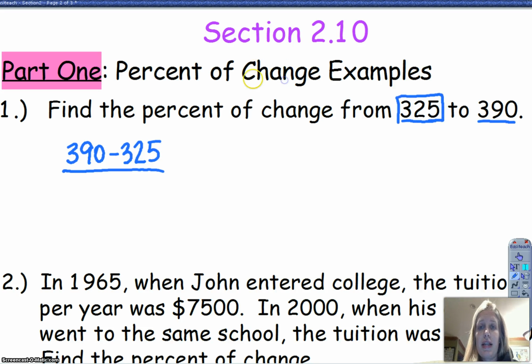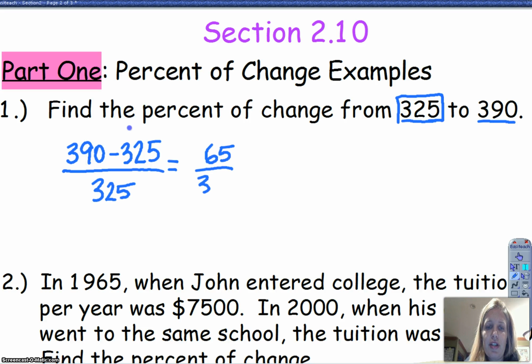And it started out as 325. Okay, so I subtract the 2, 390 minus 325, and I get 65. Still over 325.